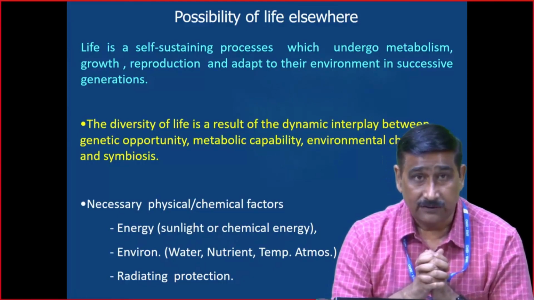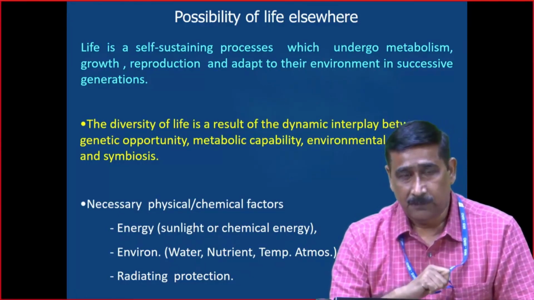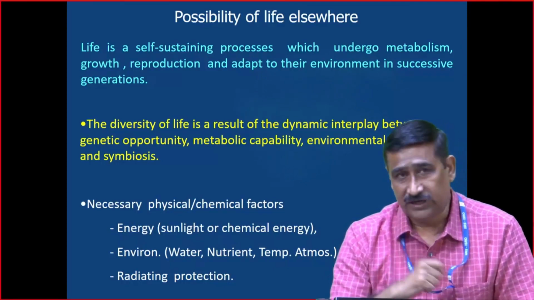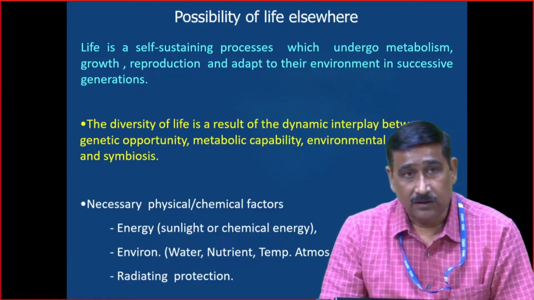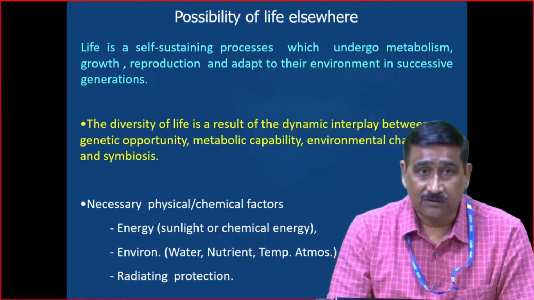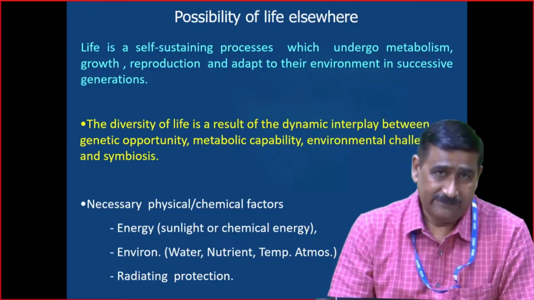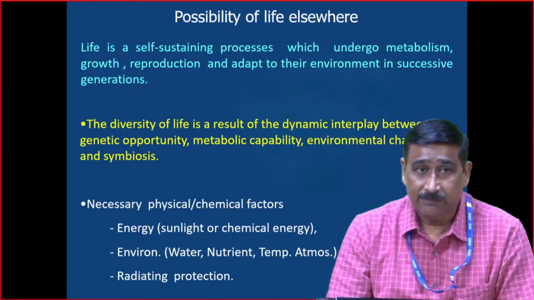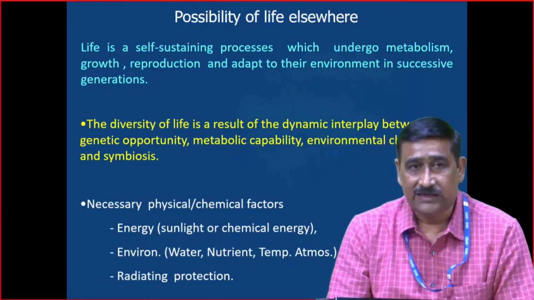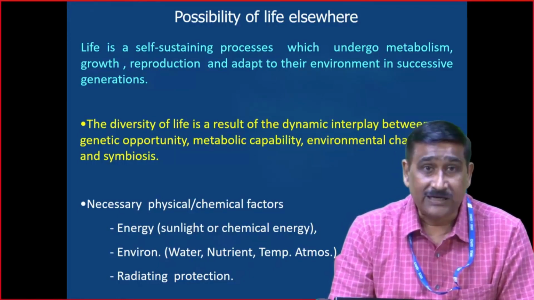And even if you have energy and an environment, if your planet is not protected the way Earth is protected from UV radiation and cosmic radiation, life won't exist. For life to exist on a planet, apart from sufficient energy and a conducive environment, there should be radiation protection.